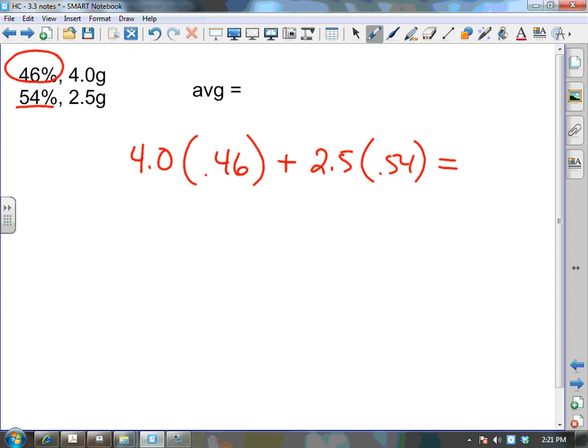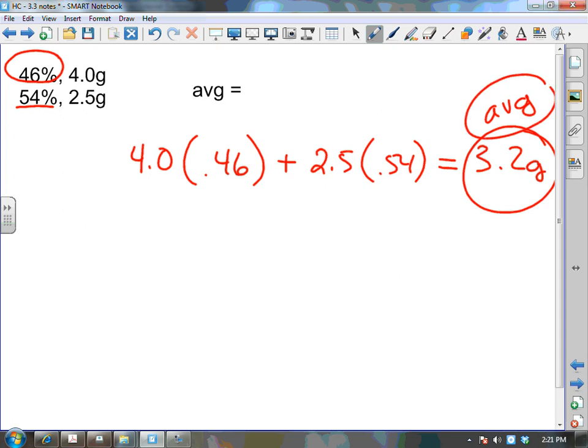When we get this answer, we need to think about what this number tells us. We get 3.19 for an answer. Rounding significant figures, 3.19 becomes 3.2. So our average for this mixture is 3.2 grams.